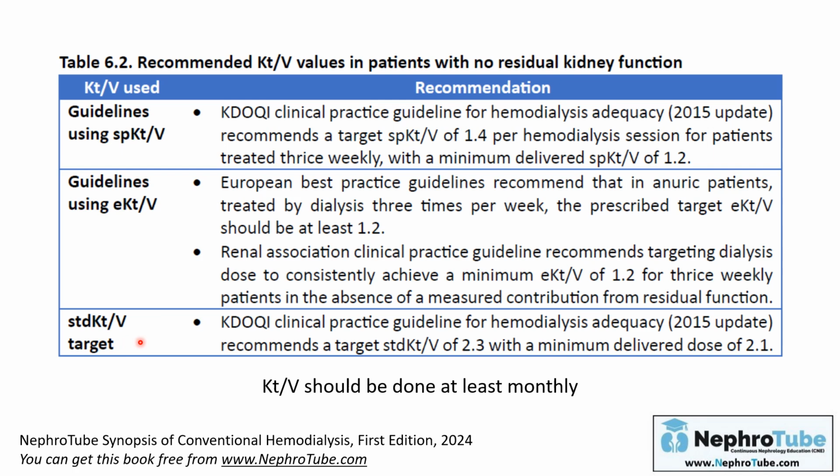Regarding the standard KT/V urea target, which measures the dialysis dose for all the week sessions, the KDOQI guidelines in 2015 recommend a minimum standard KT/V of 2.1 and the target must be 2.3, but the minimum must be 2.1. These targets are for patients with no residual kidney function.